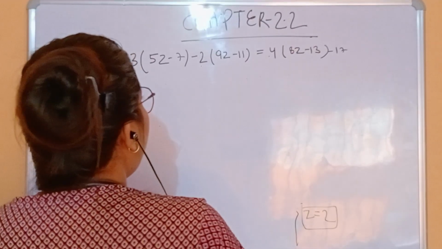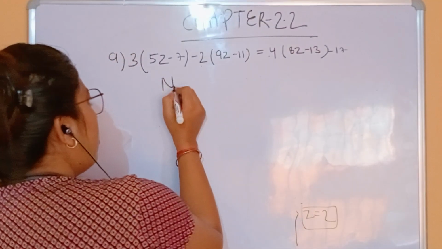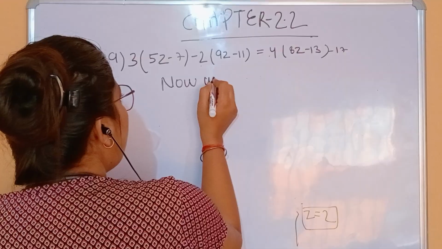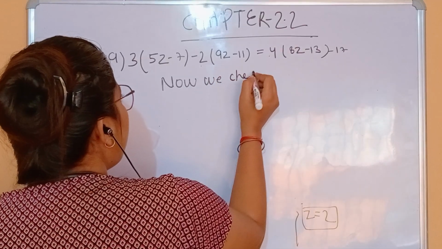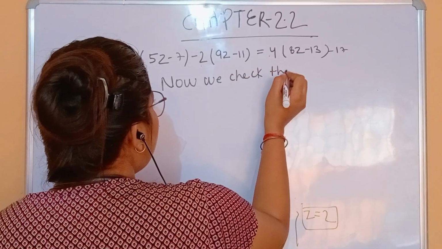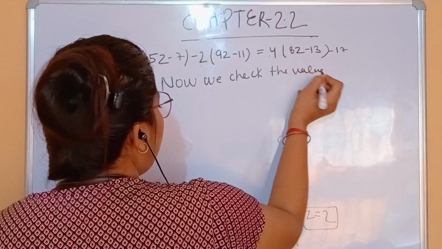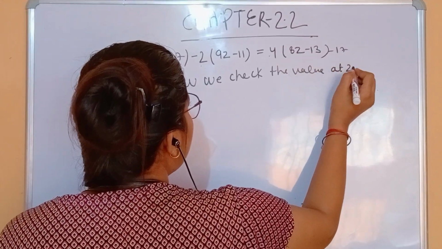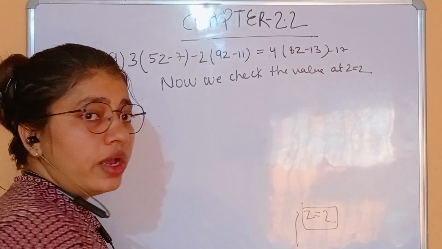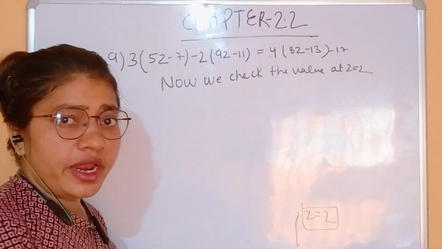Now we check the value at z equals 2. At the place of z, we write 2.